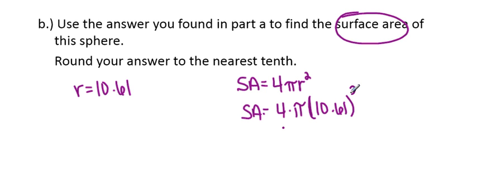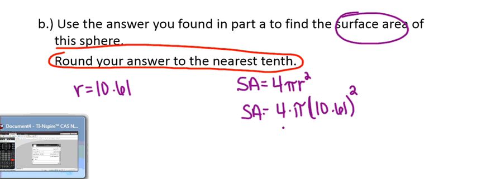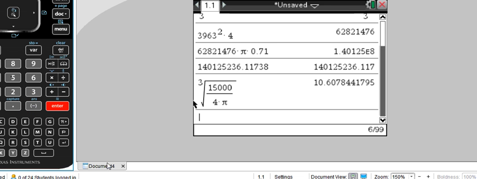And because they're asking us to, in this question, round our answer to the nearest tenth, that's a major indication that we're going to have to go ahead and plug this pi into our calculator. So I'm going to plug this all in one step. I'm going to go to my calculator. I'm going to enter 4 times pi times 10.61 squared.